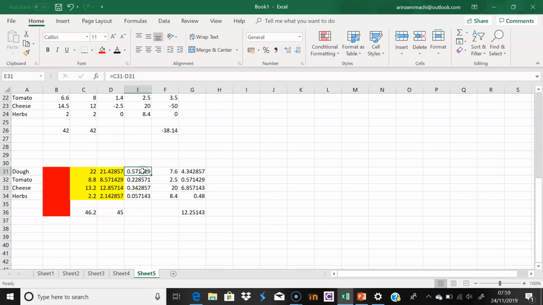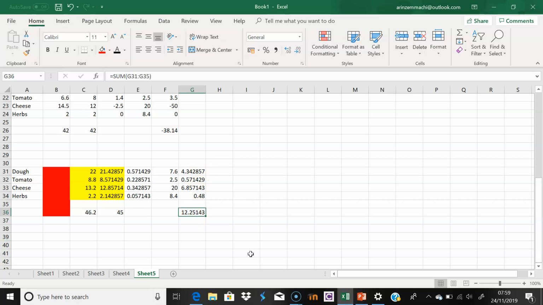Then, of course, I have a variance here, which is the difference between these two, right? And that's the variance happening right there, the difference between this, and that's the standard price, or the standard cost of each kilogram. Multiply that again across, and add that all together, and you have 12.25.